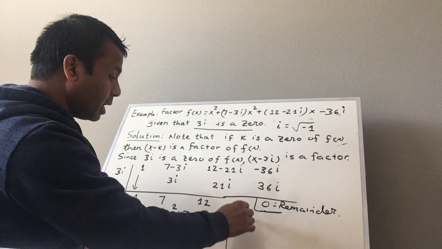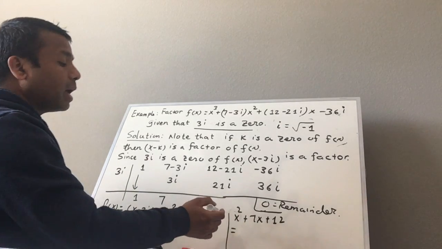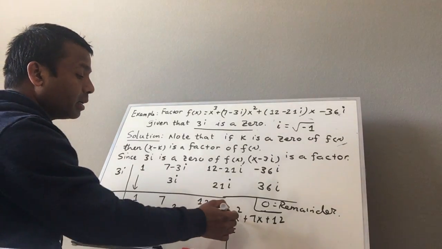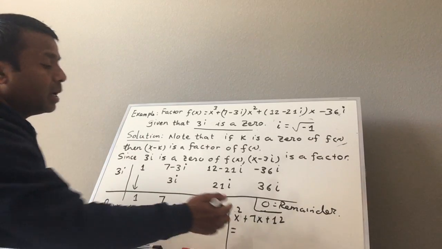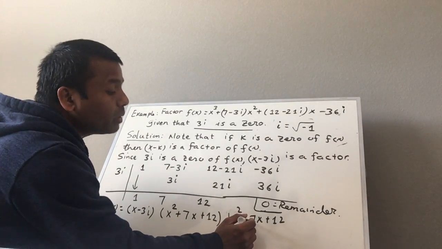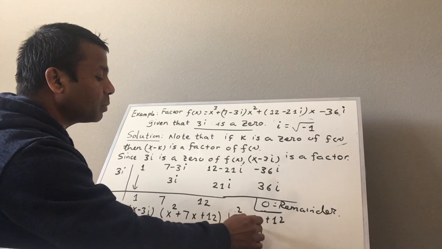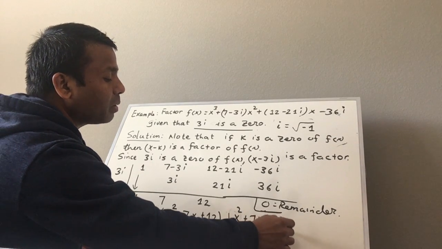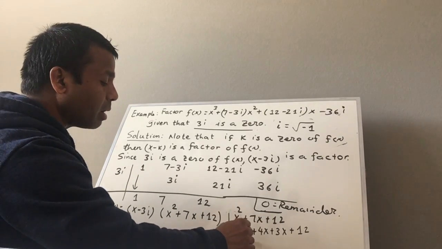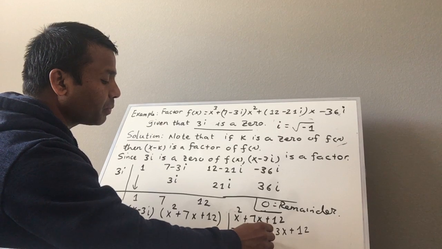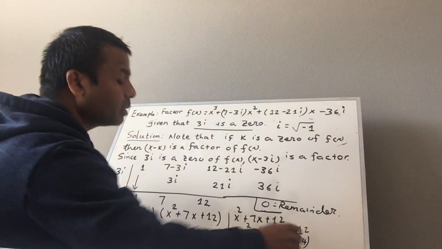So you have x squared plus 7x plus 12. You multiply the coefficient of x squared, which is 1, with the constant term 12. The product is 12. And the factors of 12 whose sum is 7 are 4 and 3. So you can simply write x squared plus 4x plus 3x plus 12. From the first two terms you can factor out x, so it will be x plus 4, and from the last two terms you can factor out 3, which gives x plus 4, right?